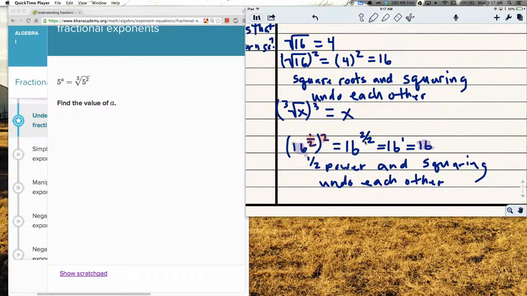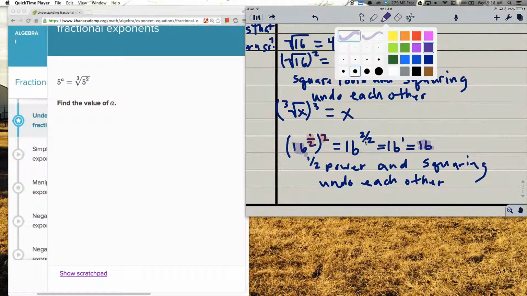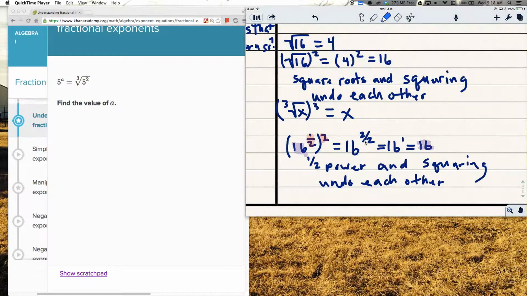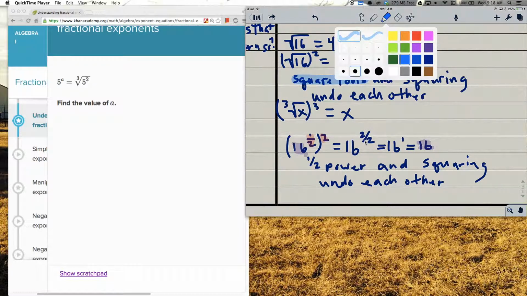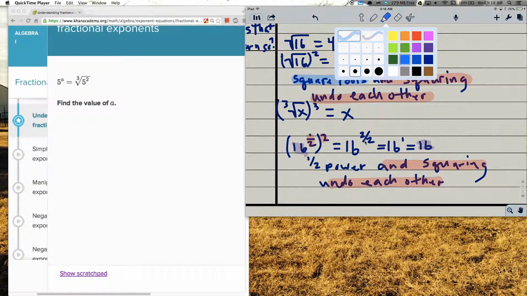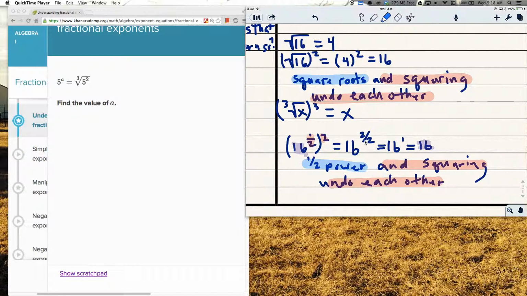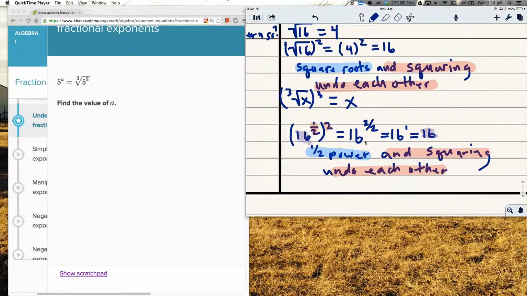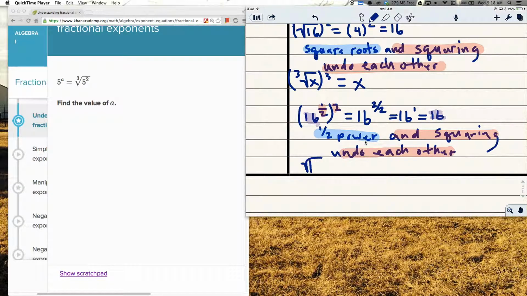Therefore, because I have these two sentences that make sense, I have that square roots and squaring undo each other, and I'll highlight that part in red. And I have that half power and squaring undo each other. That means square roots and the half power must be the same. And so I can conclude that the square root of 16 is equal to 16 to the 1/2, which means that they're both equal to 4. And so that's kind of why it works.